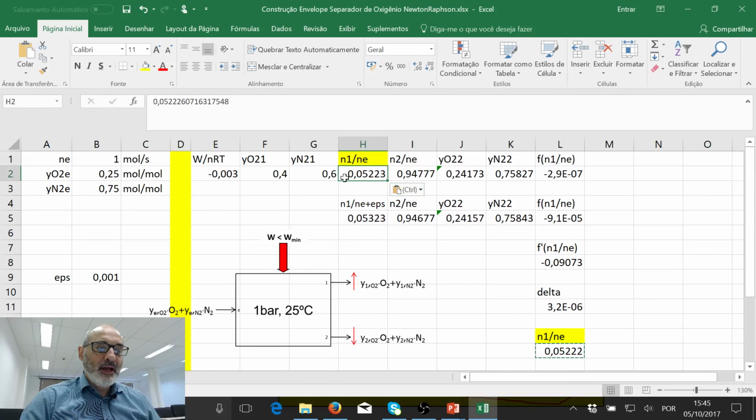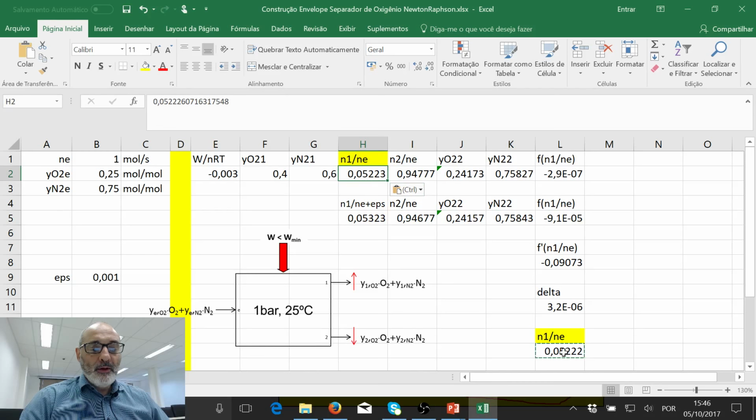So I paste special value. Because if I simply copy and paste, I'm also copying the formula, and it's going to give a recursive iteration. It's not going to be able to solve.